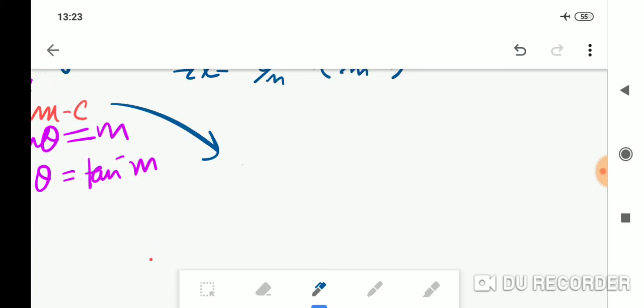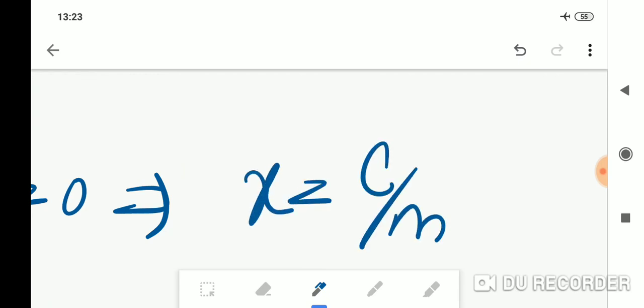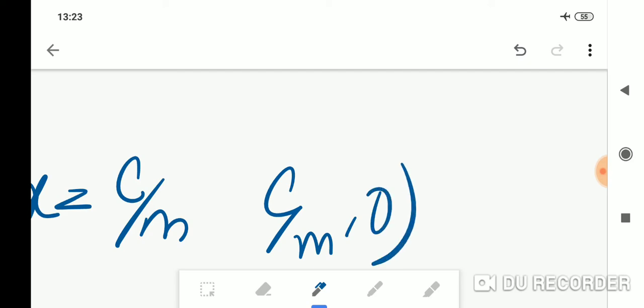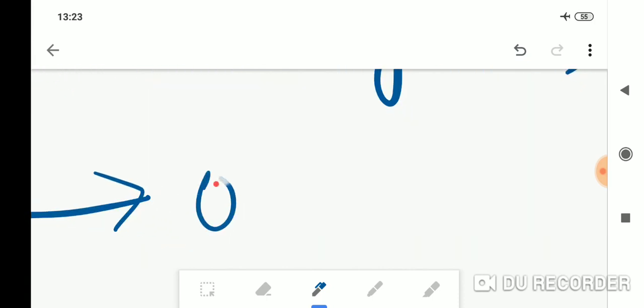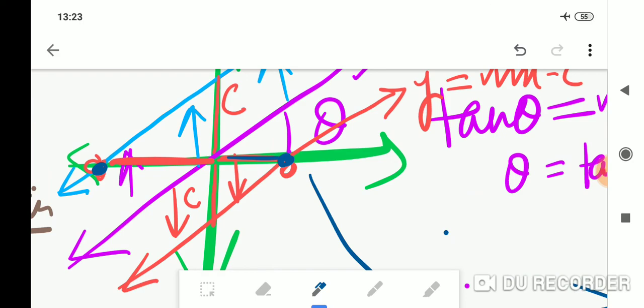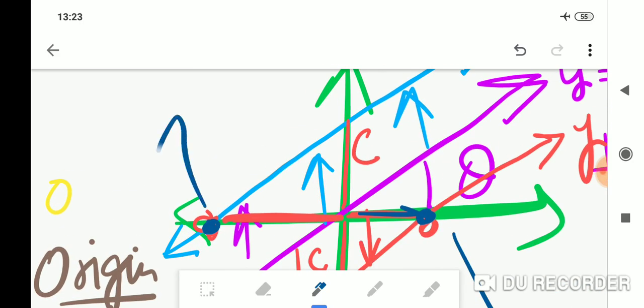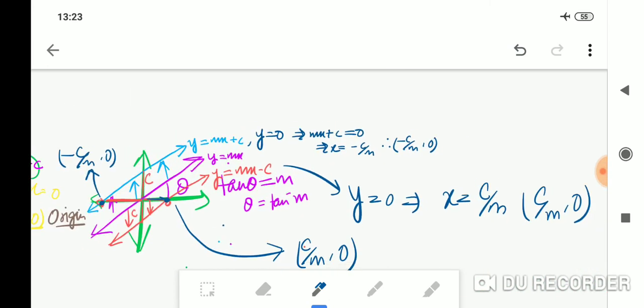For this curve, y equal to 0 implies x is equal to c by m. Therefore (c by m, 0) is the solution. This is the positive part, but this point is (minus c by m, 0). So we have got the solutions right, and we can easily get the graphs of y equal to mx plus c.